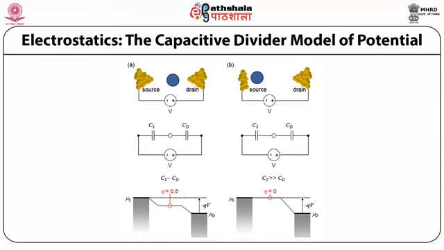Figure A shows the symmetric contact and figure B shows the asymmetric contact. The voltage in the center of the nanoparticle is determined by the voltage division factor eta. It can be obtained from a voltage divider constructed from the capacitors.